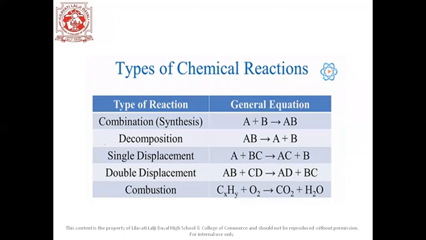Second is the decomposition reaction, wherein AB will give you A plus B. Single displacement reaction, the third one, tells that A plus BC gives you AC plus B. Then we come to double displacement, that tells us AB plus CD gives you AD plus BC. And the last one, combustion, that is CxHy plus O2 gives you CO2 plus H2O.